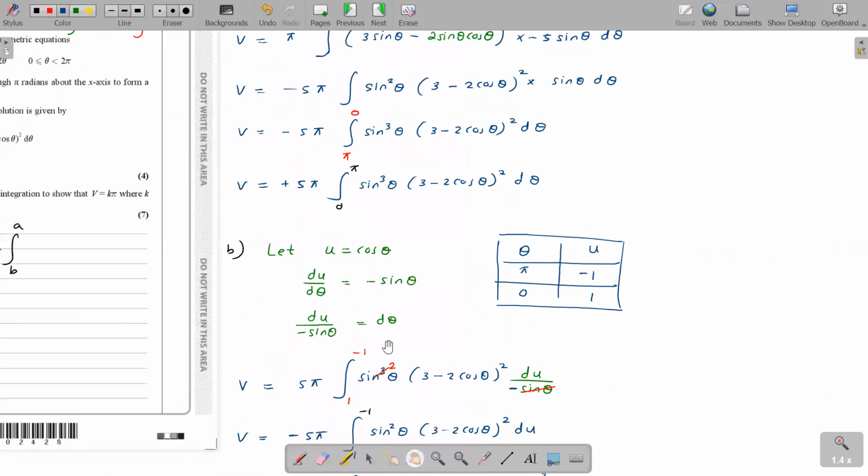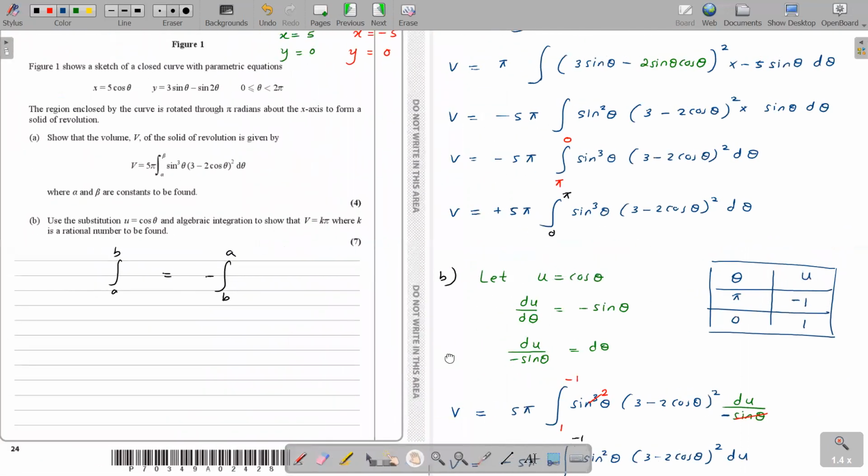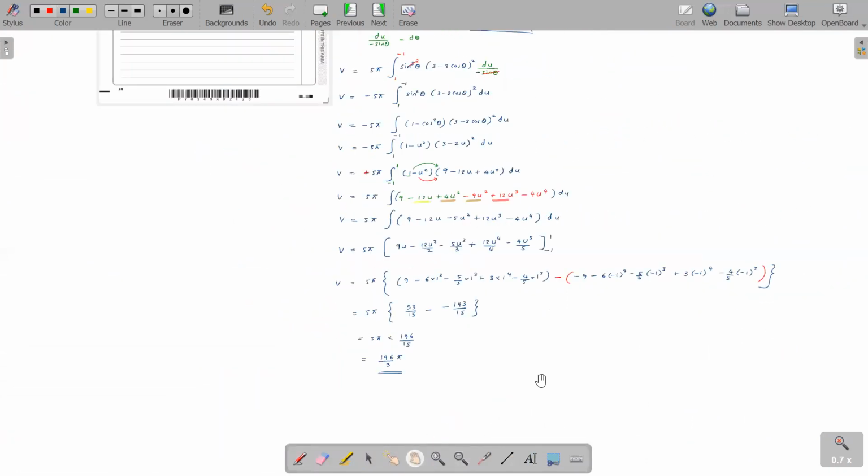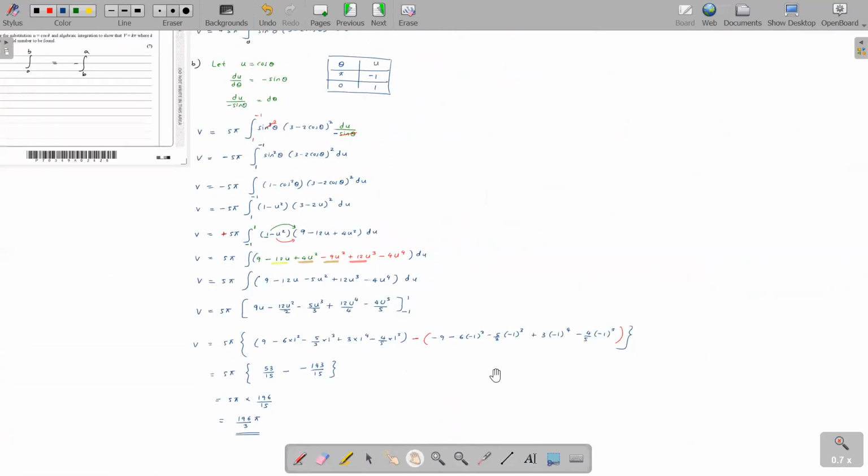So this is the answer for the volume, right? Use substitution to show that V equals K pi, where K is a rational number to be found. So I got an answer in terms of K pi, right? 196 over 3 pi. Okay, is this clear? Yes, so this is the end of the January 2022 P4, the unused paper.